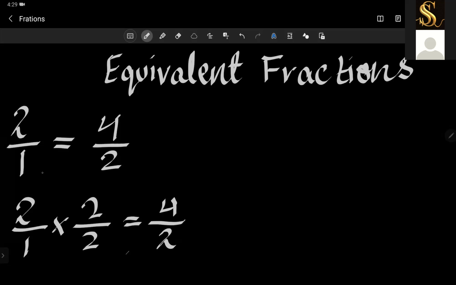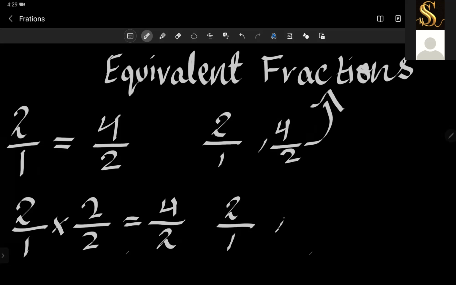So the pair of 2 upon 1 and 4 upon 2 are equivalent fractions. But if in this case I had 2 upon 1 and 3 upon 6, this would not be an equivalent fraction, because whatever I multiply by 2 upon 1, it will not give us 3 upon 6. So thus, this is not an equivalent fraction.